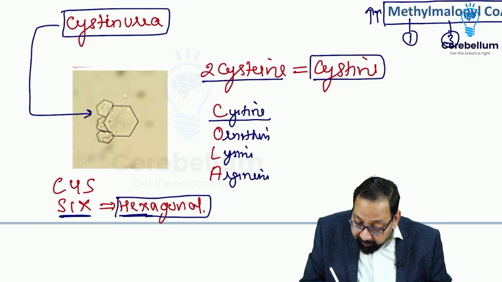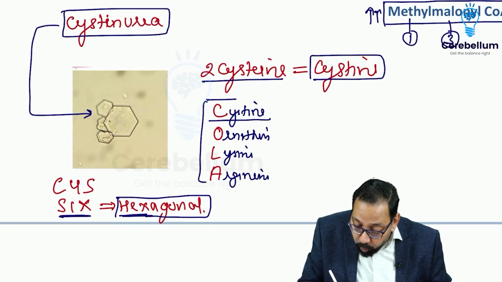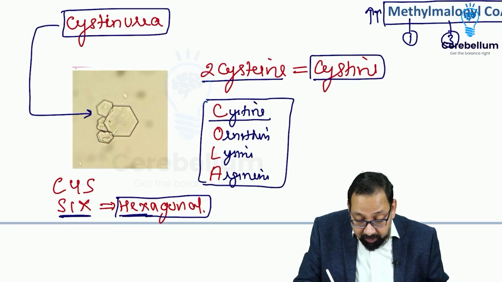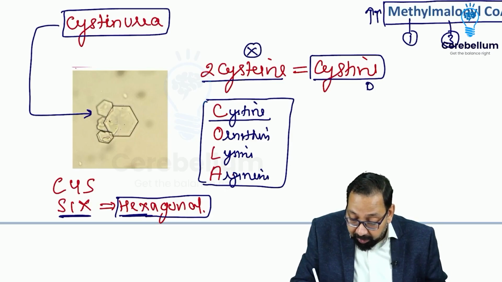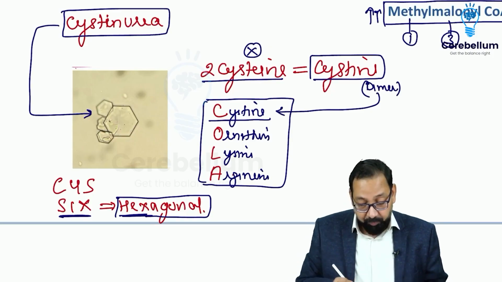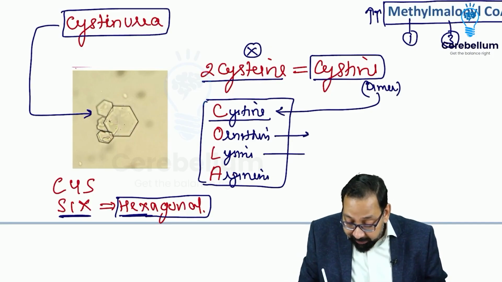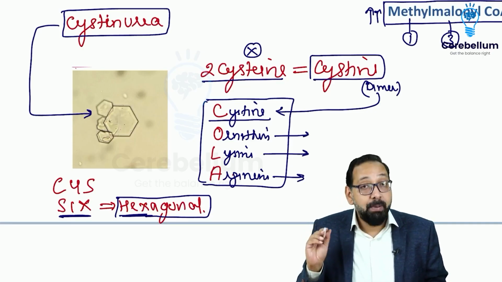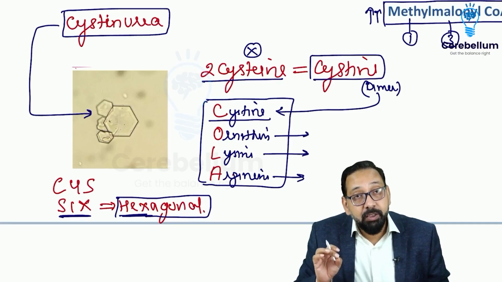There is a defect in the absorption of COLA, that is cystine, ornithine, lysine, arginine. That is not cysteine, which is a monomer. This is a dimer, so the dimer is coming in urine. You will remember this mnemonic COLA, and this is cystinuria.